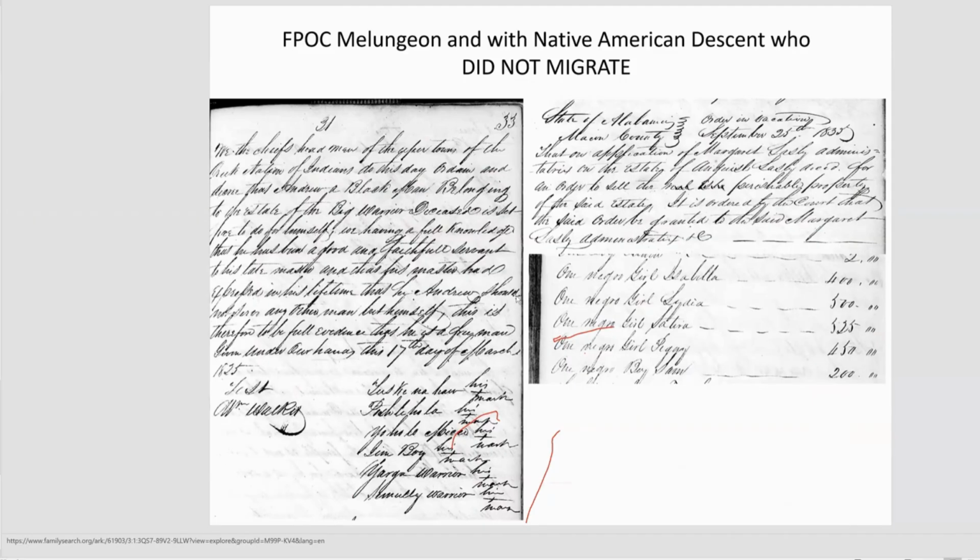This is a record here that's showing all the chiefs, but this at the top says an application of Margaret Lasley, administrator on the estate of Angus Lasley, died. And at the bottom, these were his slaves: Isabella, Lydia, Satira, Peggy, and Sam.